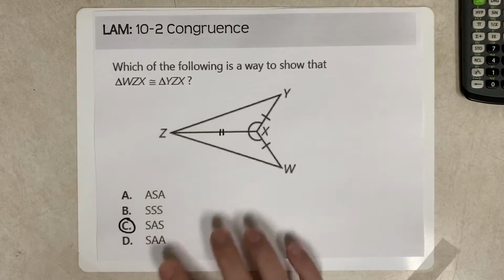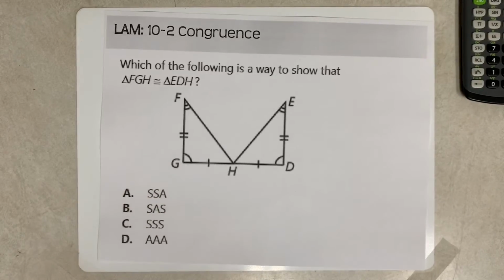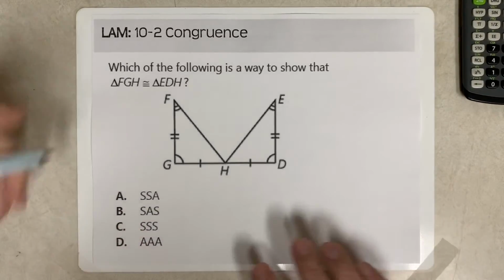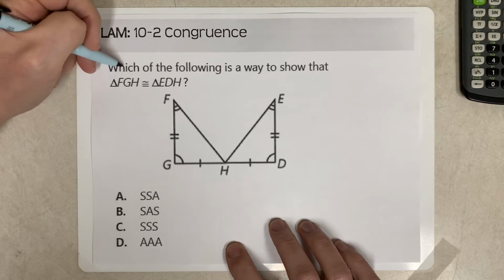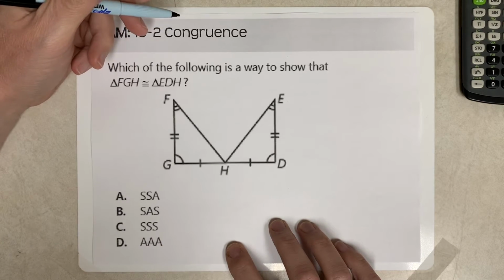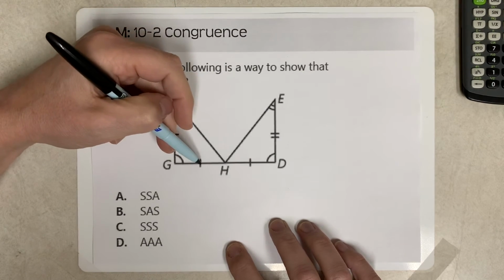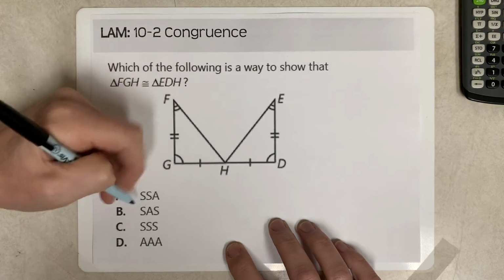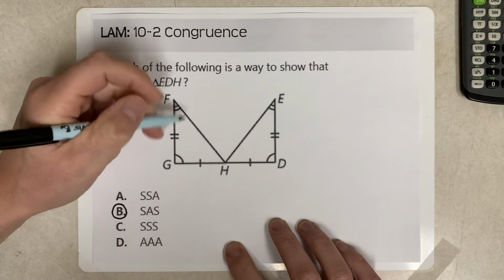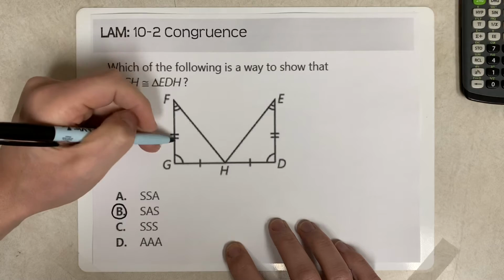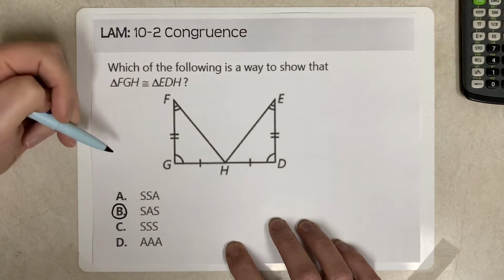All right, this time I do have two angles and I have two sides given. So it says, which of the following is a way to show that the two triangles are congruent? So I could do side angle side, SAS. I could also do angle angle side, but I don't have angle angle side on here.